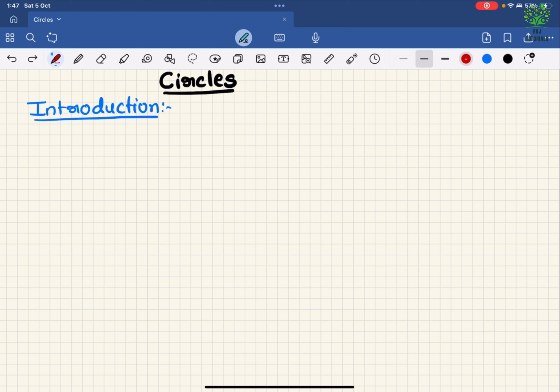Now, the first point which I should know in a circle is center.